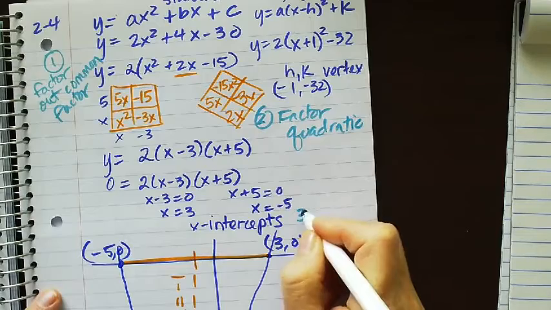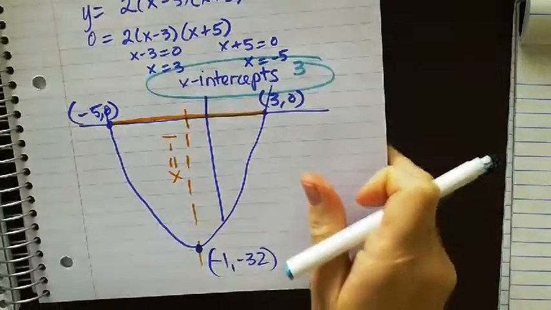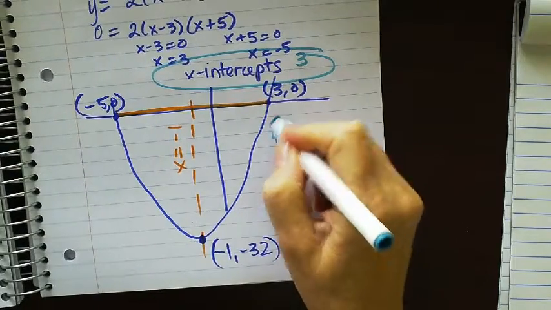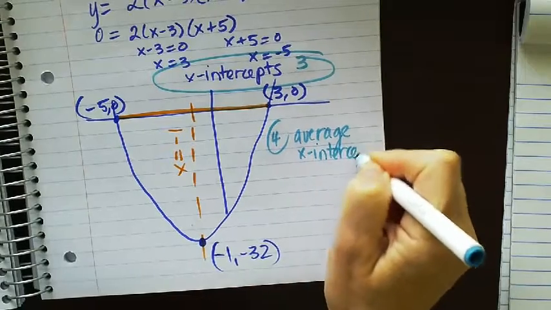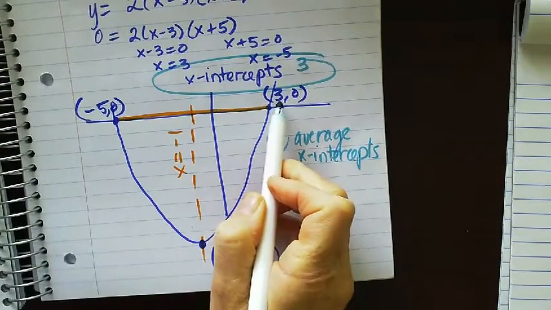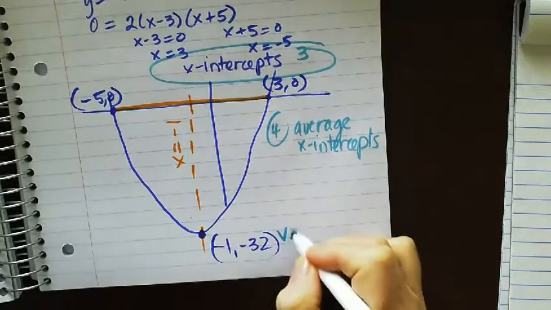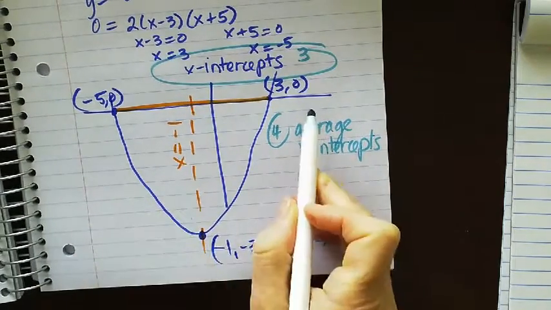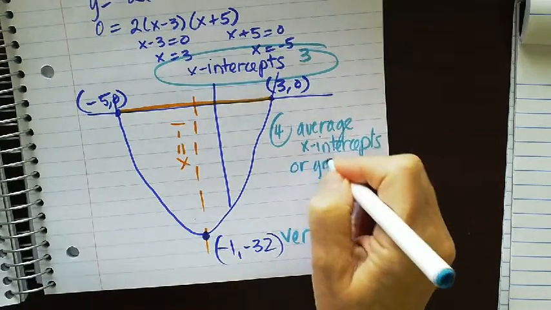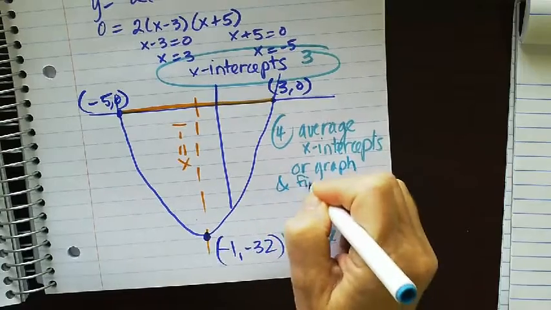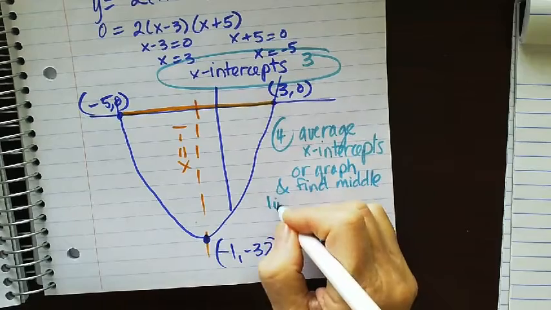We got our x-intercepts, step 3, and then you could just take the average of your x-intercepts. So you could do negative 5 plus 3 divided by 2 to get the x-coordinate of your vertex. Or you could just graph it and visualize where's the middle. You could get it that way. I shouldn't say middle, I should say line of symmetry.